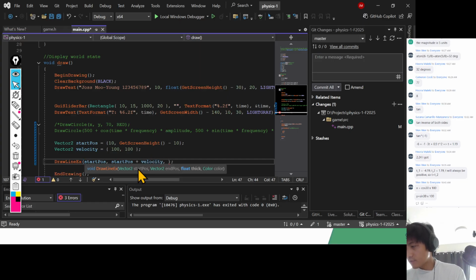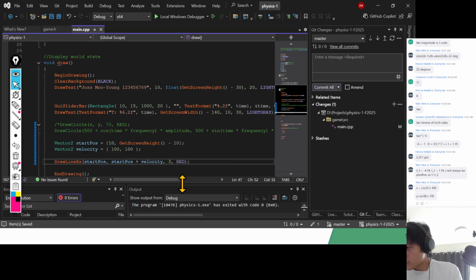Let's draw it in red. So keep in mind, this is asking for a starting position and an ending position. So if you want to draw a line, and you're supposed to pinpoint a starting position and an end position, and what you have is a starting position and you have a vector, then how do you find that end position?